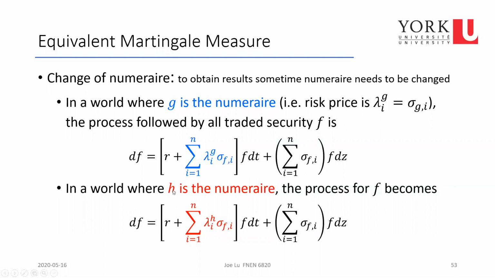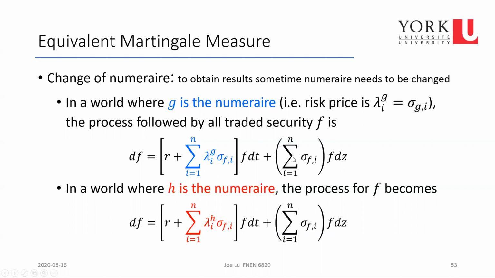But if you use H as a numeric asset, in that world, the asset F will follow this process, which is with a drift of R, the risk-free rate, plus this risk premium here, which is using lambda H as the risk price.